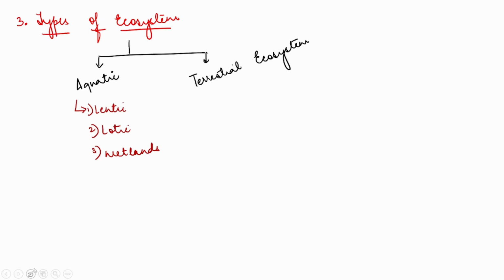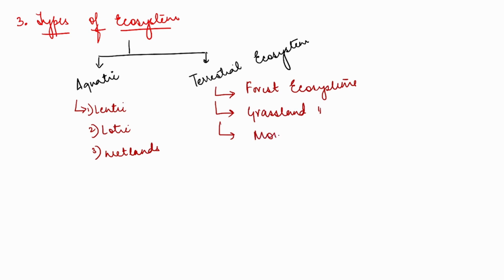Under terrestrial ecosystem, we have forest ecosystem, grassland ecosystem, mountain ecosystem, and desert ecosystem. So this is on the basis of aquatic and terrestrial.